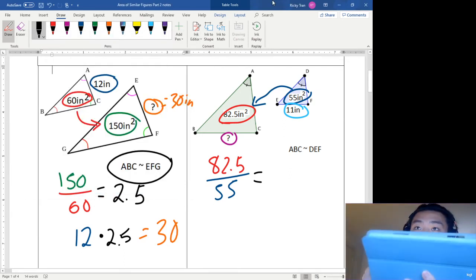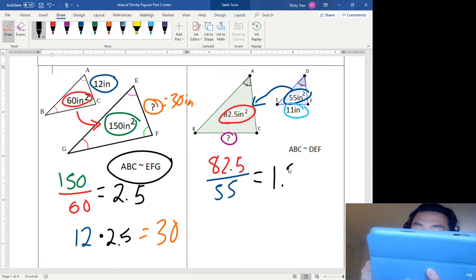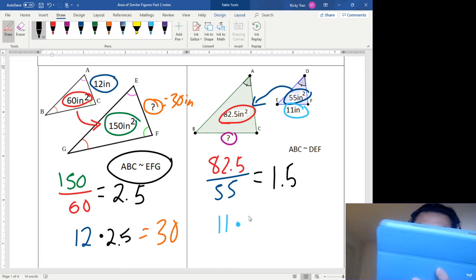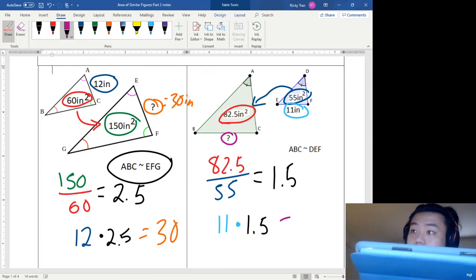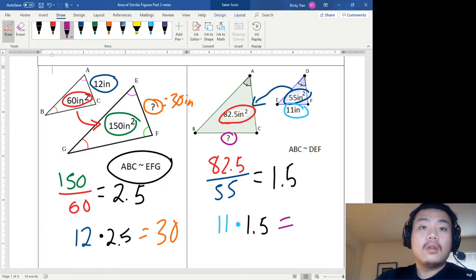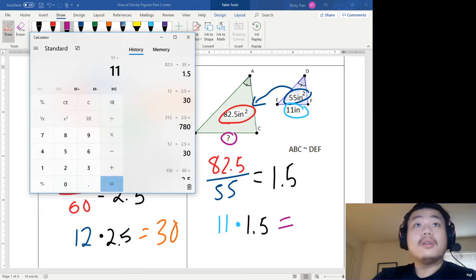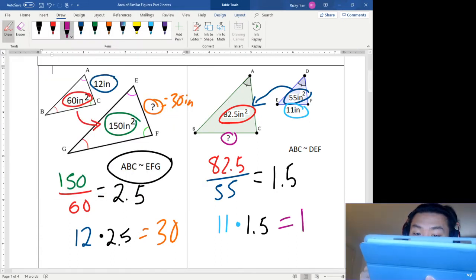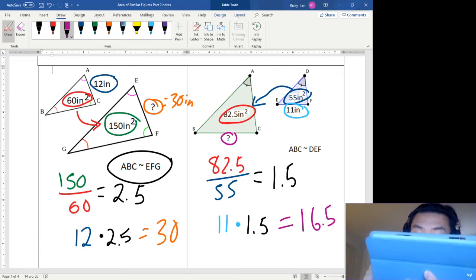Again, remember we're going from small to big, so it has to be greater than 1. And then we take our 11, we multiply it by 1.5, and we get 16.5. So this is 16.5 inches.